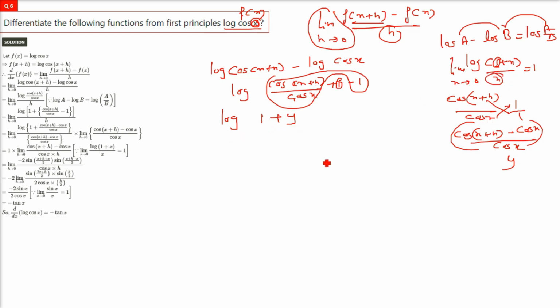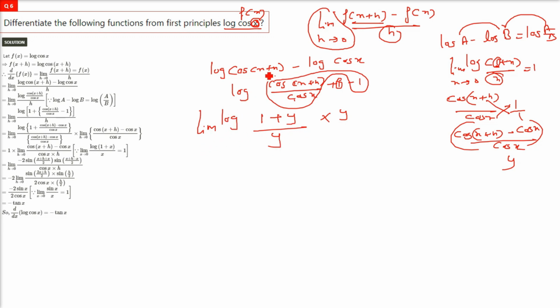But still you need a y in the denominator. If you are introducing a y in the denominator, you also have to have a y in the numerator, because you are introducing it by yourself. Now log(1 plus y) by y, when y tends to 0, you have to write everything by yourself. You cannot just regard something like this.